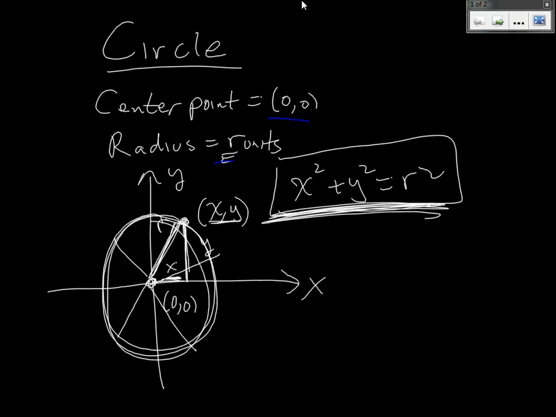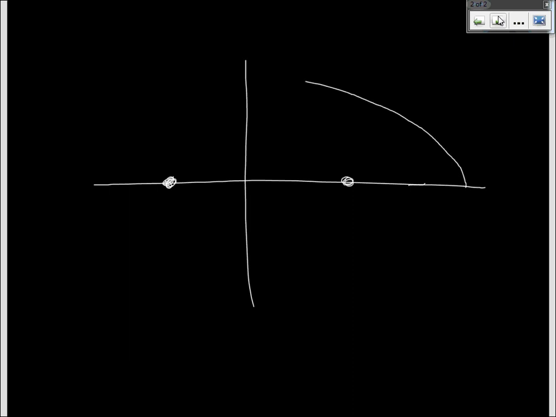Now, just want to talk about one other thing. If you watched my earlier video, I said that if you take a string and you tie one end down here and one end down here, and you pulled very taut, you pulled the string taut, and you went all the way around the top half, with a pencil in the middle, you would sketch that out.